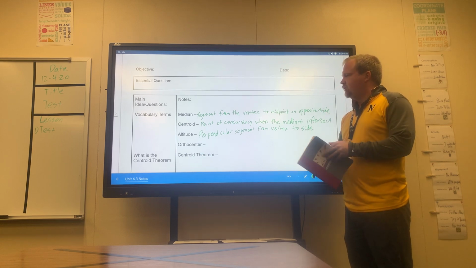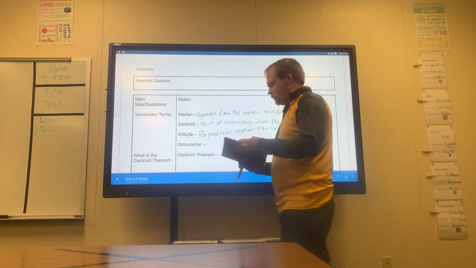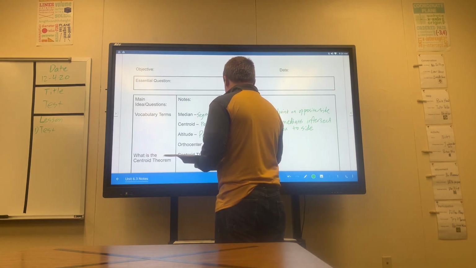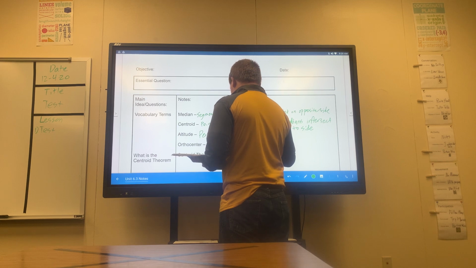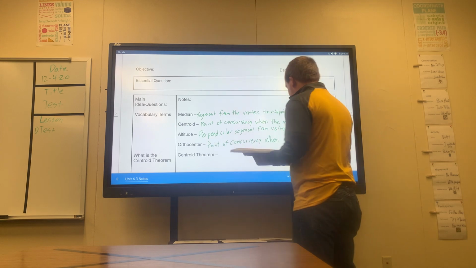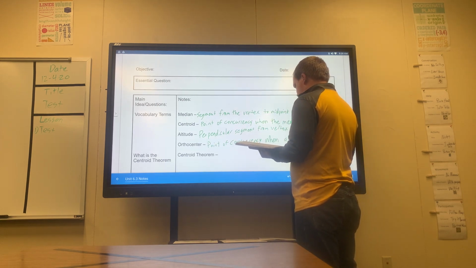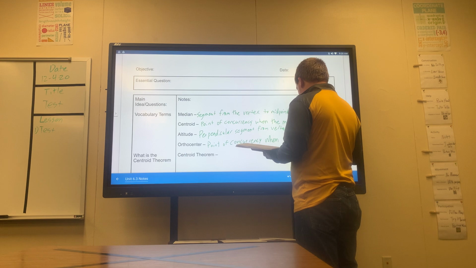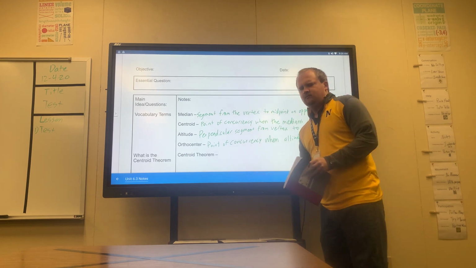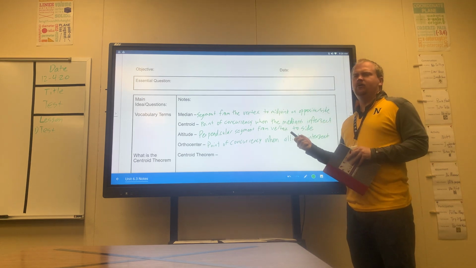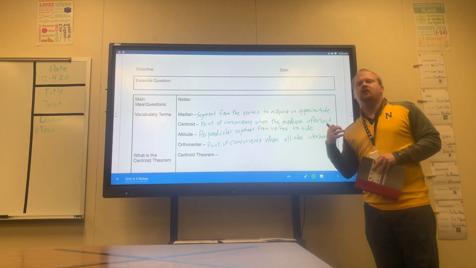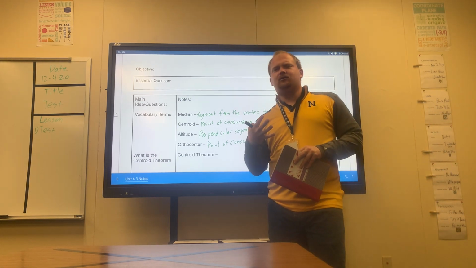Now, orthocenters are the point of concurrency when altitudes intersect. So basically the orthocenter is the point of concurrency of altitudes.